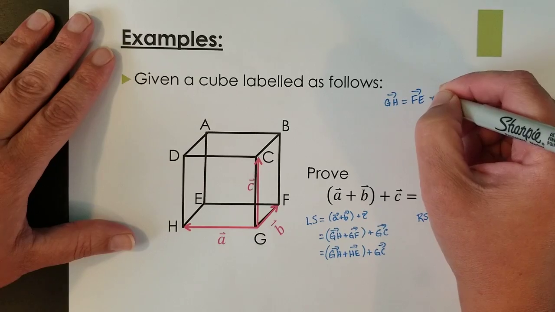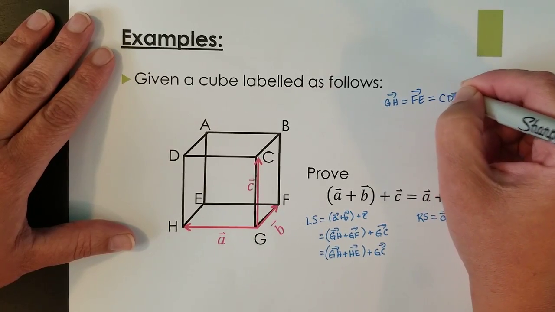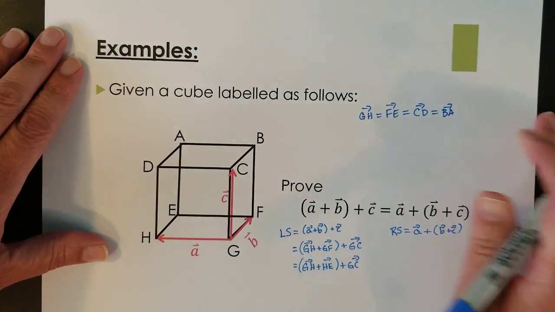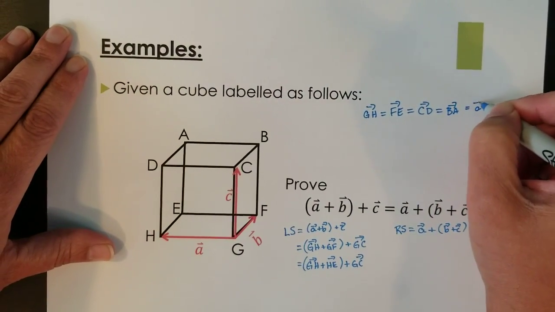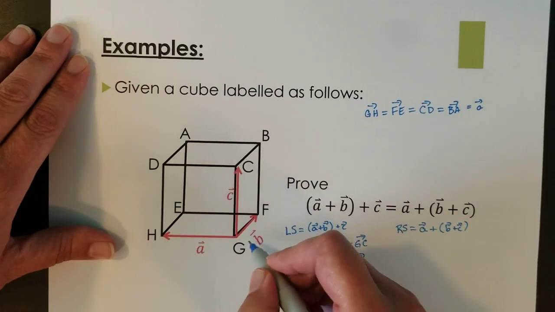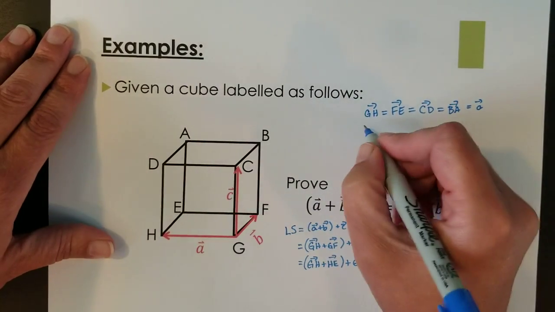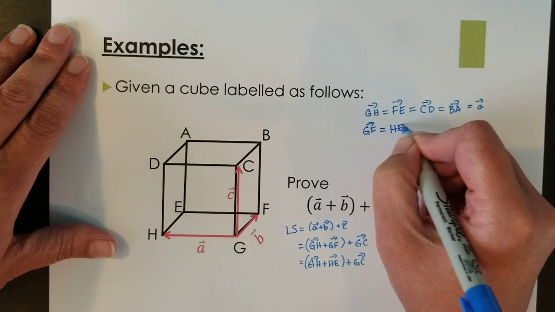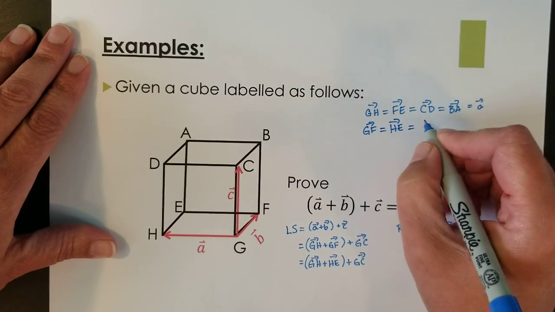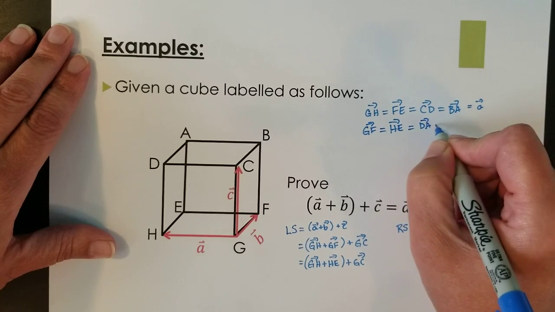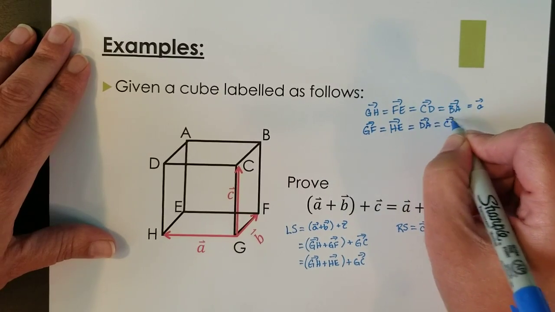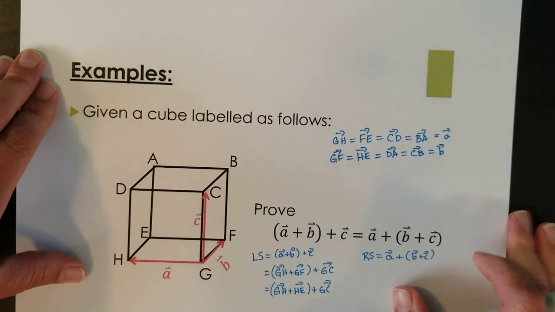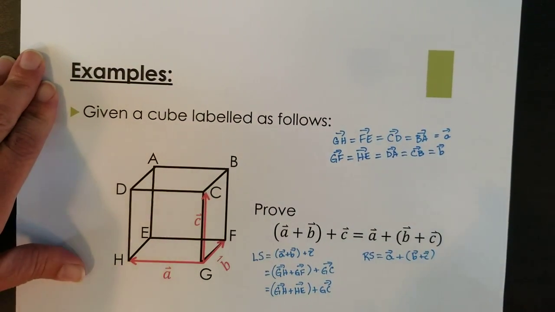FE is equal to CD is equal to BA. So those are all vector A. And then the ones that are all vector B, GF is equal to HE is equal to DA is equal to CB, and those are all equal to vector B. So this is kind of stating the stuff we know because it is a cube.